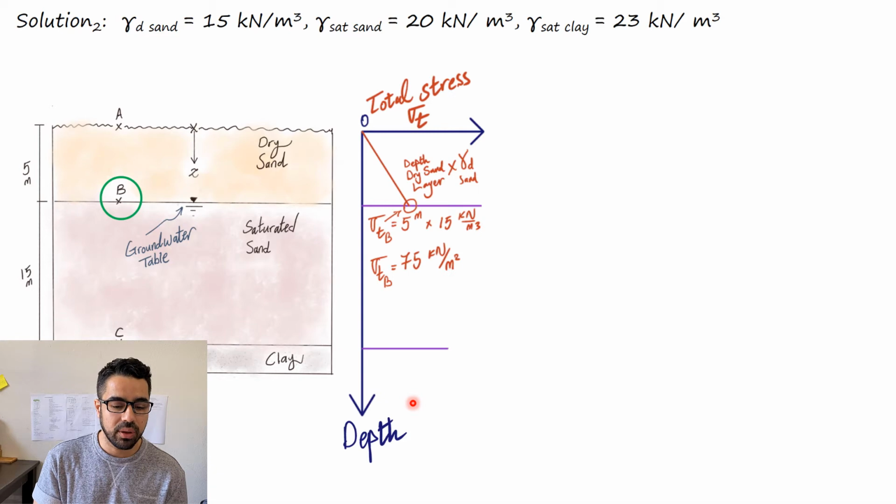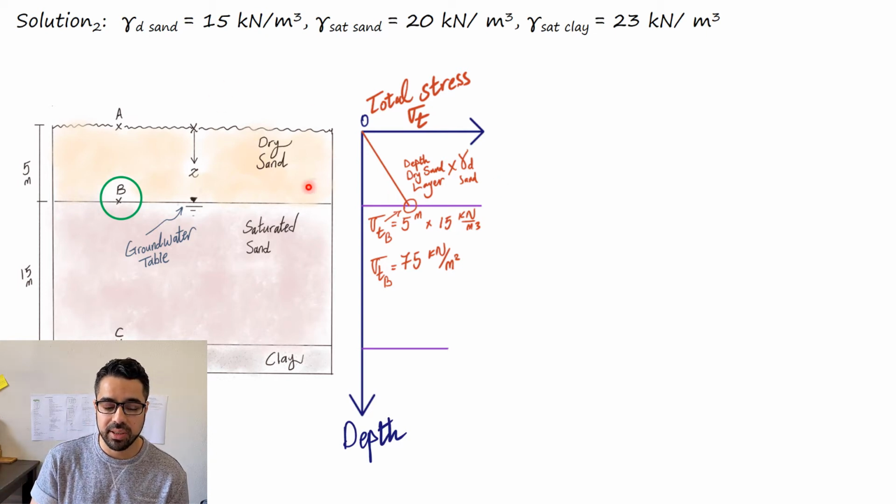So we start with the total stress. This is basically a really simple way to find the vertical stress profile for a soil. Stress is the x-axis and the y-axis is the depth of the soil layers. To find the total stress, it's simple. Again, it's density times depth.